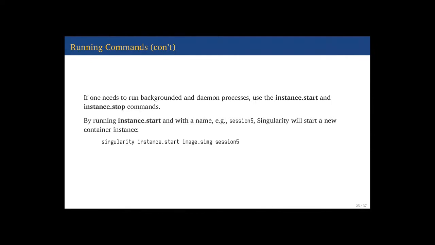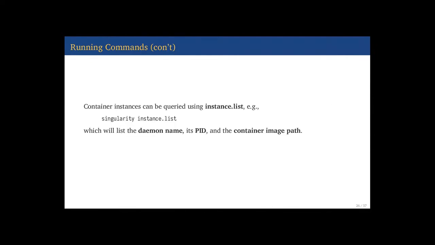Singularity will very quickly start a new instance. You can even see all the instances you're running with singularity instance list, and you'll see the name of the Singularity instance, its PID, process ID, and the container image path. You don't have to guess where it's running from. You'll know where it's running. This is all nicely compatible with everything we do on the system. You don't have to worry about stuff.